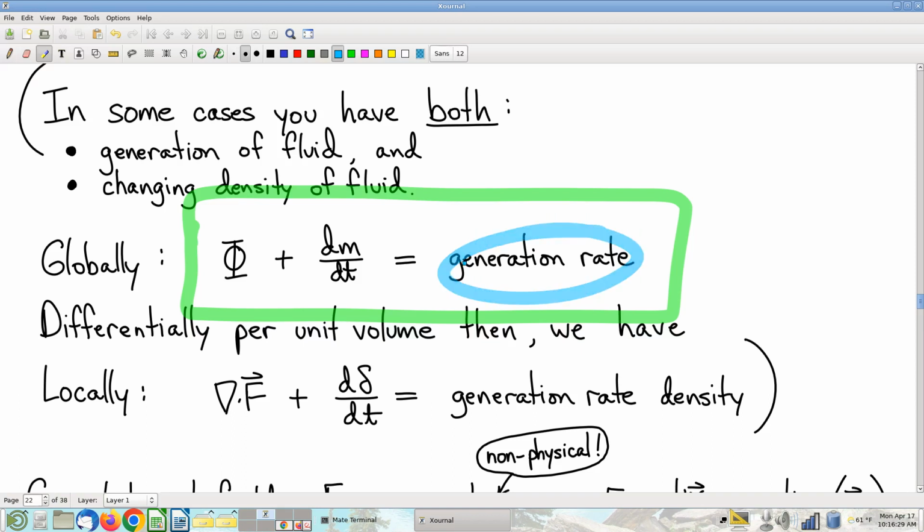One thing that could happen is that fluid could leave your region, in which case, if it does, it's contributing to flux. Now, the other thing that could happen is the fluid could not leave your region, in which case, it's contributing to a rate of change of the total amount of fluid in your region.